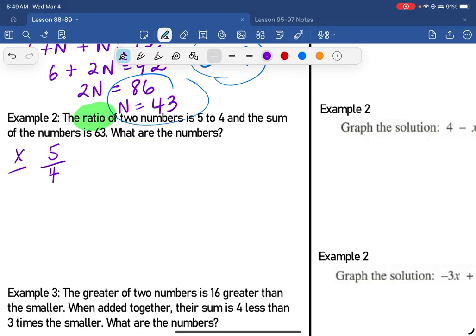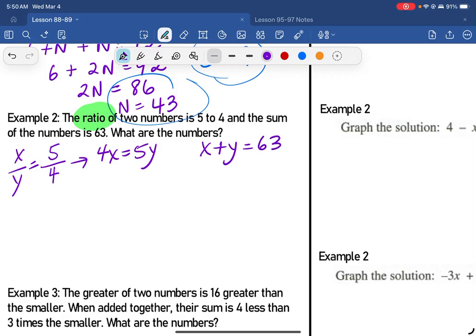So x over y, whatever it is, the ratio is 5 to 4. If you cross multiply, you're going to get 4x equals 5y. All right? And then it says here that the sum of the numbers is 63. So x plus y is 63.